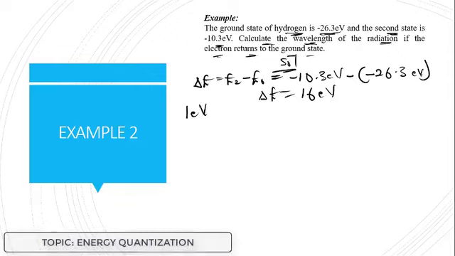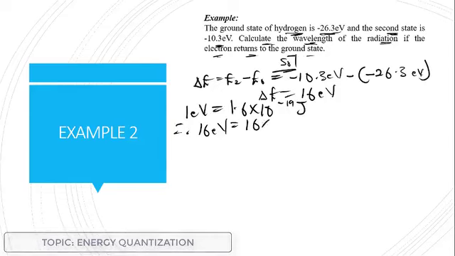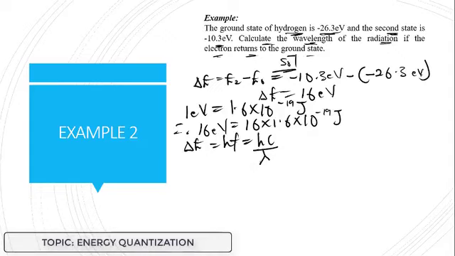Meanwhile, we know that 1 electron volt is equal to 1.6 times 10 raised to the power minus 19 joules. Therefore, our 16 electron volts is equal to 16 times 1.6 times 10 raised to the power minus 19 joules. Therefore, our change in E is equal to hf, which is equal to hc over lambda.